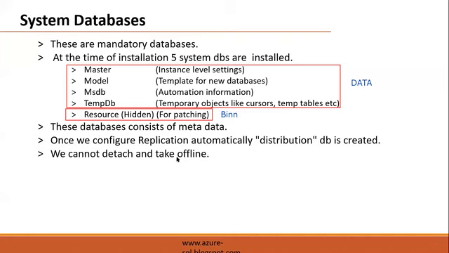We'll see this practically after the next slide. This is some basic information about system databases. We have some more 3-4 points, still 2-3 points about system databases. We'll discuss those points.